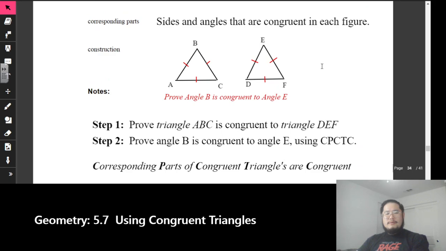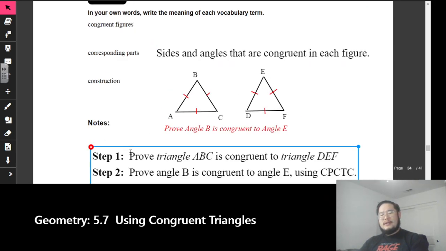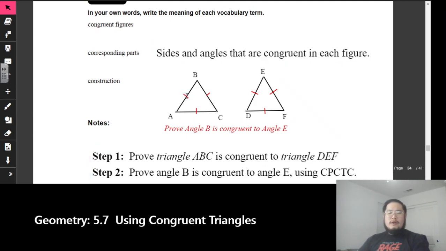So, like I said, what we're actually going to start off by doing is, one, we're going to prove that triangle ABC is congruent to triangle DEF. So once I can prove that the two triangles are congruent, then in step 2, I can prove that angle B is congruent to angle E using what we call CPCTC.